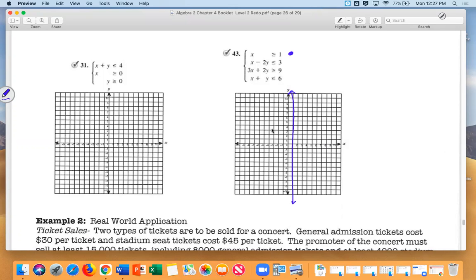It says x is greater than that. So Nikki Granlund, this is for you. So I'm shading.